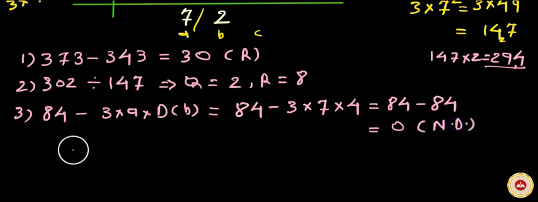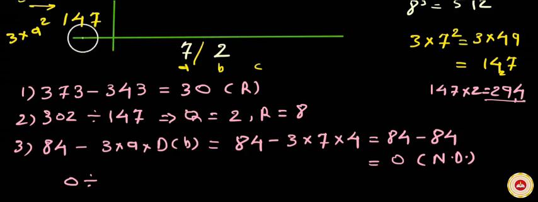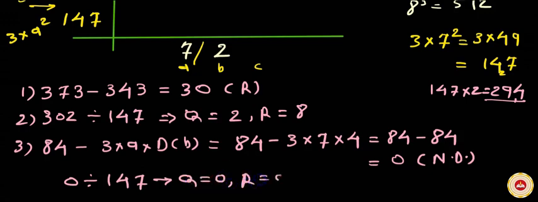So let us divide 0 by divisor 147. 0 divided by 147 obviously gives quotient 0 and remainder 0. So write quotient 0 and remainder 0.